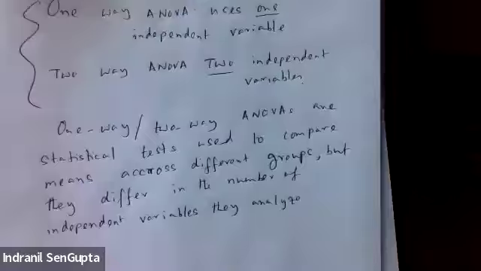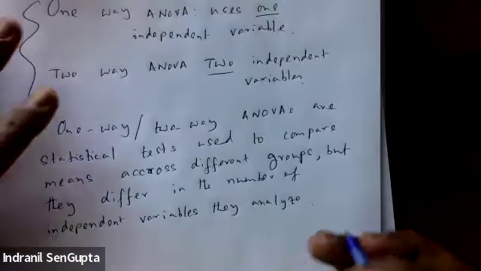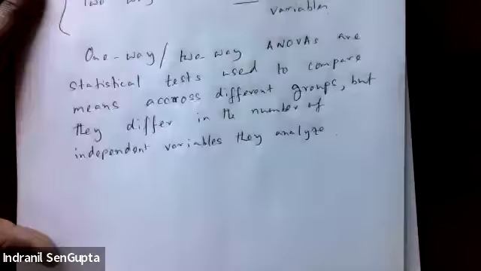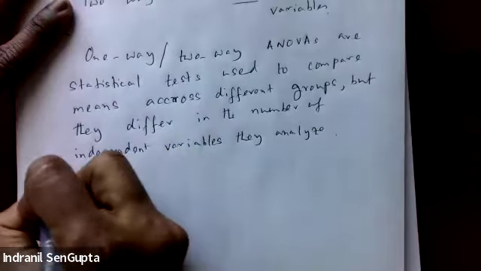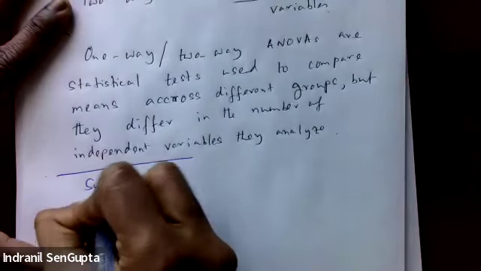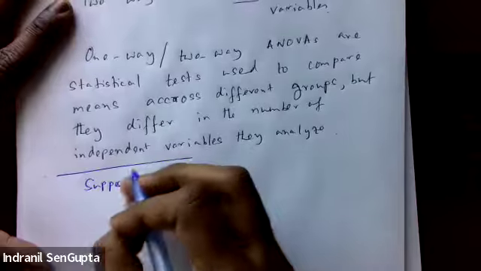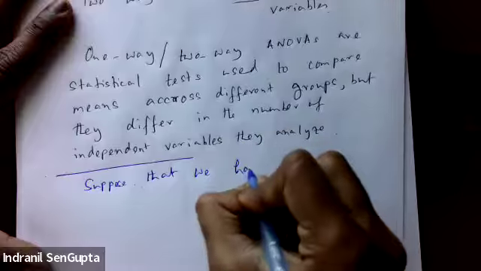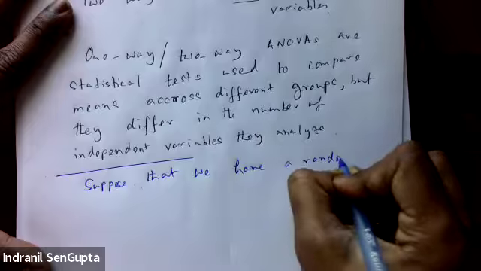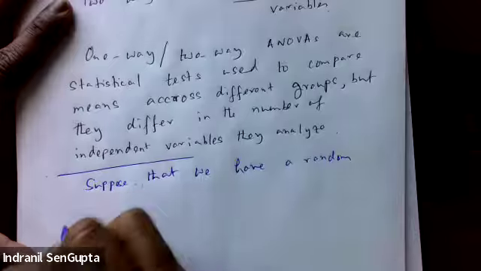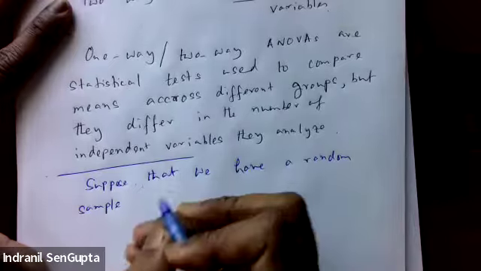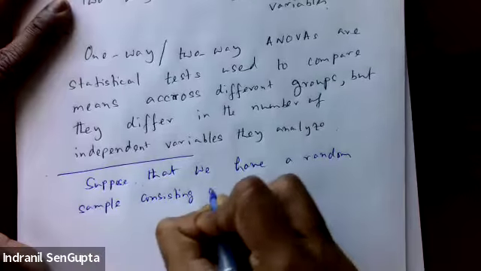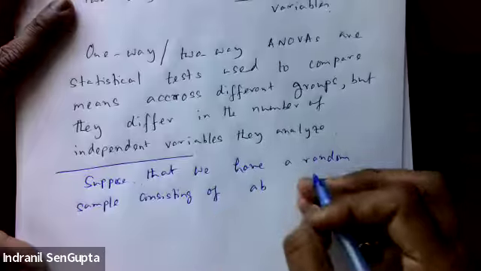Now, just to give it a little more context. Today I will be discussing the two-way ANOVA. So suppose that we have a random experiment, a random sample consisting of A times B observations.